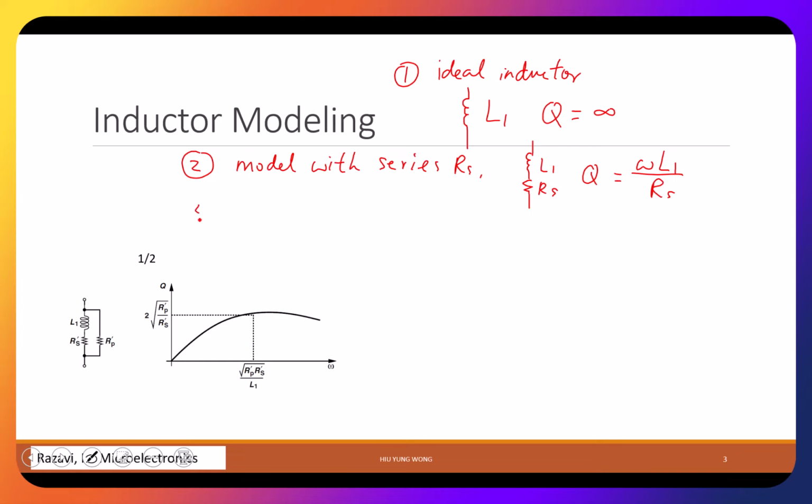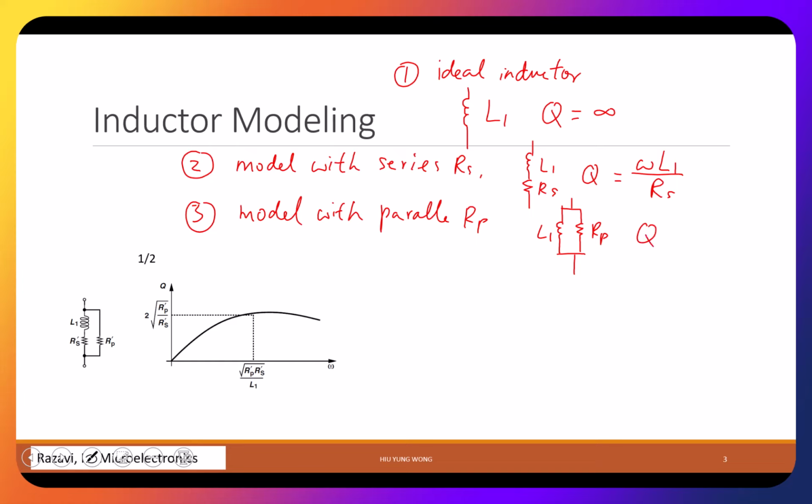You can also model it with a parallel resistor. So that is how it looks like. Then I have L1 and RP.